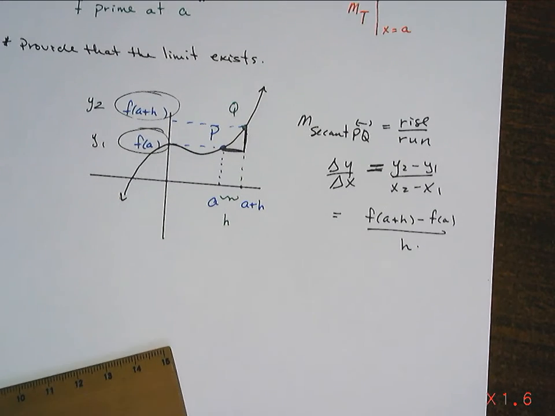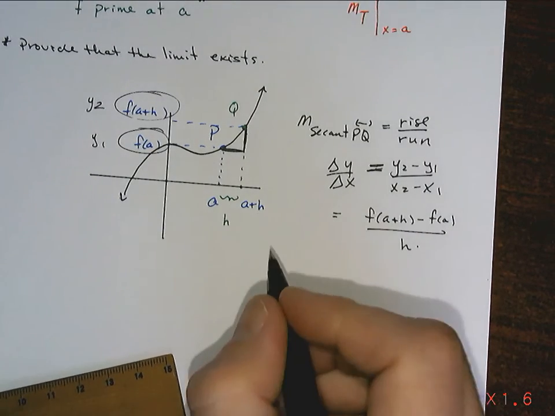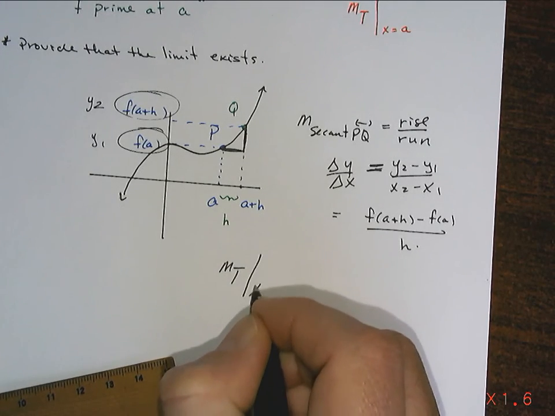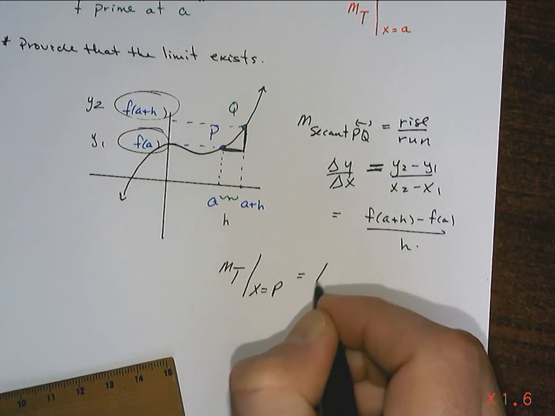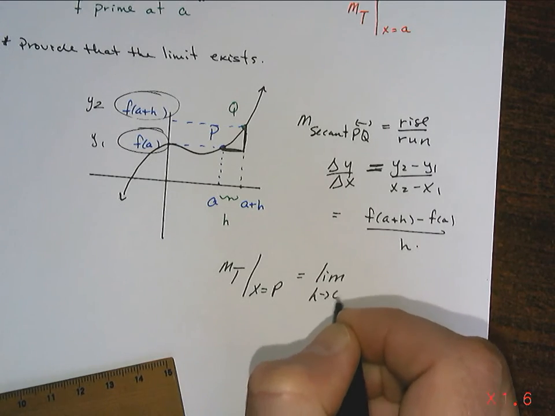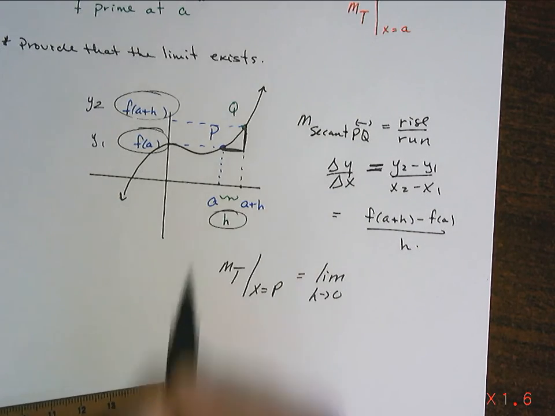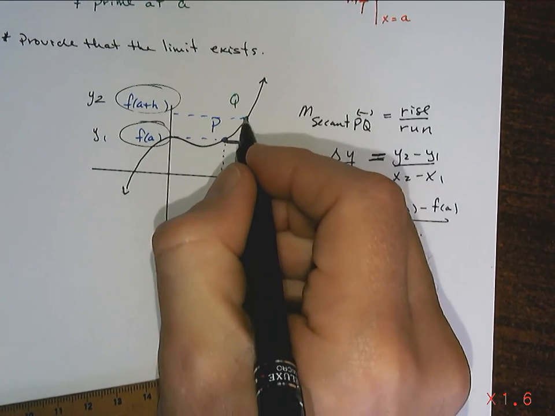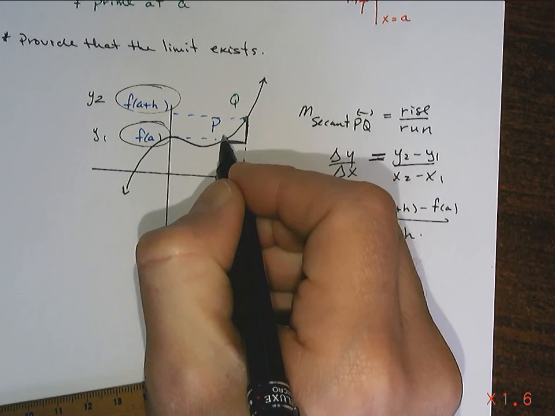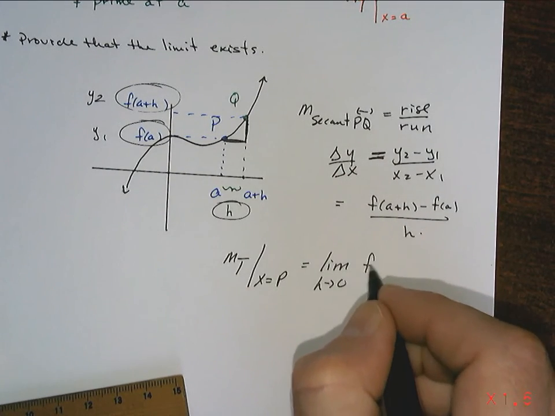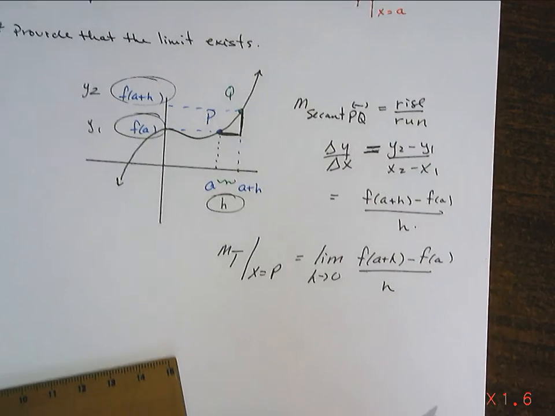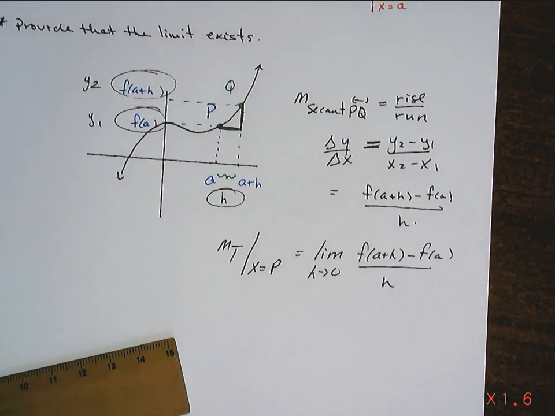And then along came Newton. That sounds like a song, doesn't it? Along came Newton. And Newton said that the slope of the tangent at x equals a will be equal to the limit as that distance h gets smaller and smaller, closer and closer to P. So now we have the definition from above, and I've done it for the 34,000th time now.